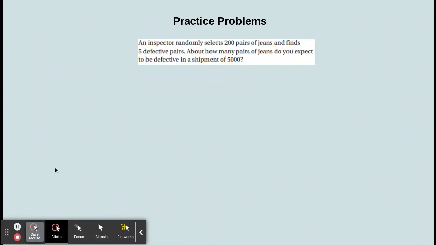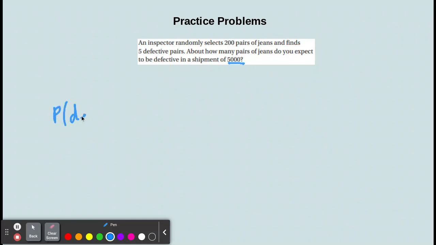And the last one, we have an inspector who selects 200 pairs of jeans and finds 5 of them are defective. Okay, so how many pairs of jeans do we predict would be defective in a shipment of 5,000? Well, let's first find out what our experimental probability was of finding a defective pair of jeans.